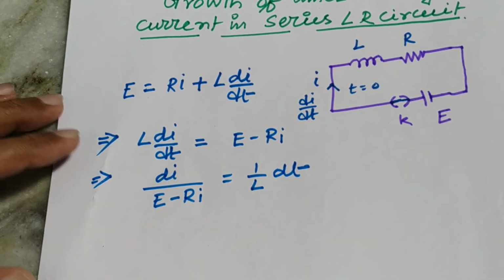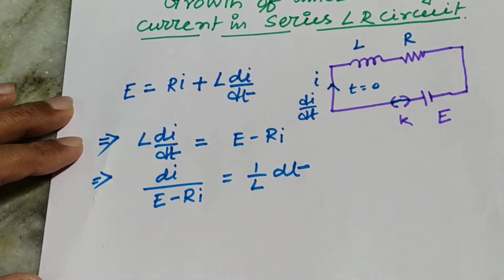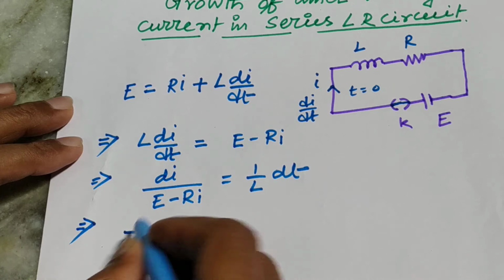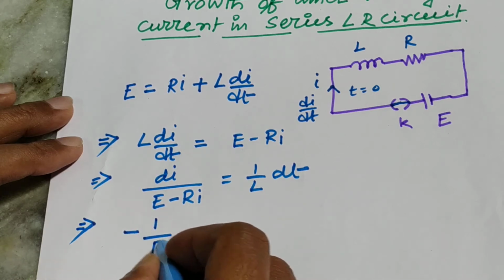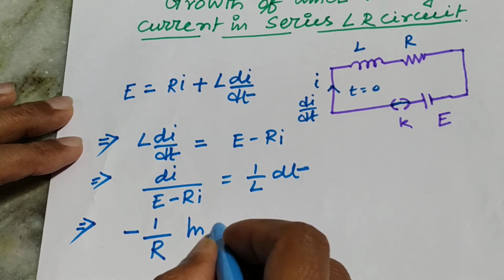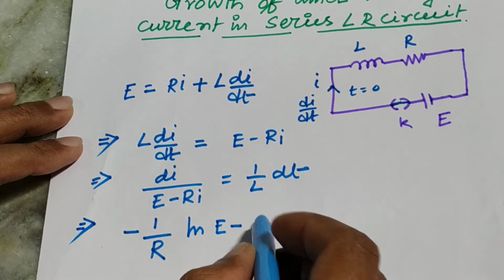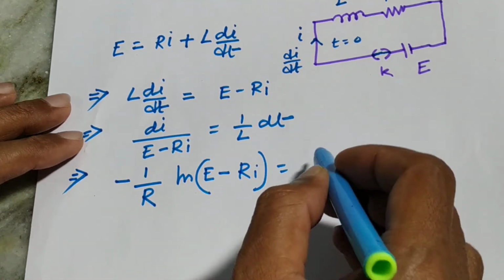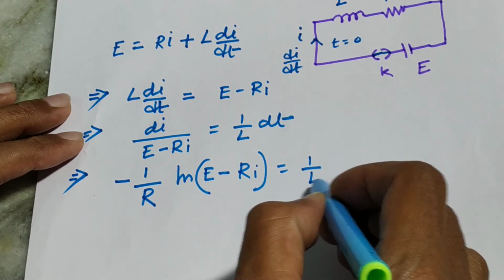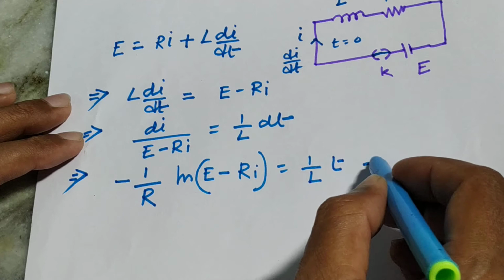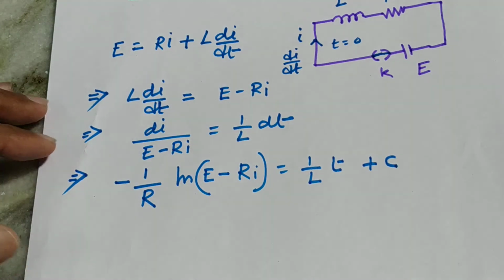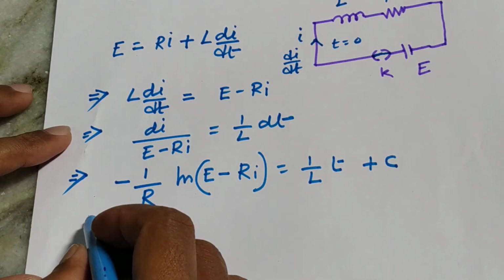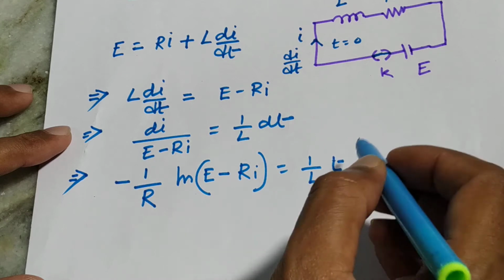If we integrate it, then what we will get? After integration we will get minus 1 by R ln (E minus R I) equal to 1 by L t plus the integrating constant C. Now we use the initial condition.